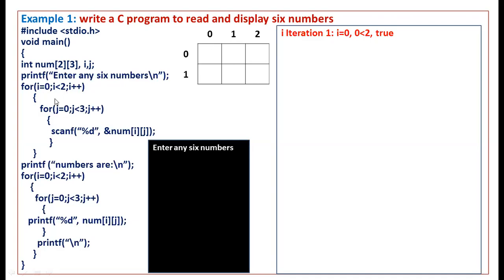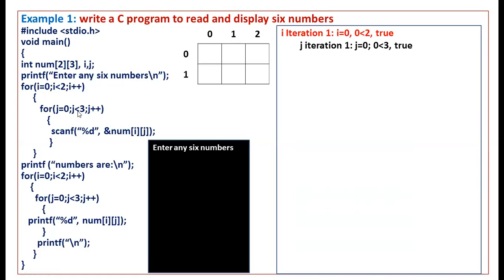If it is true, control will go inside. Inside we have another for loop. Now the second for loop will start to execute. In the second for loop, j is initialized to 0. 0 less than 3, it is true.